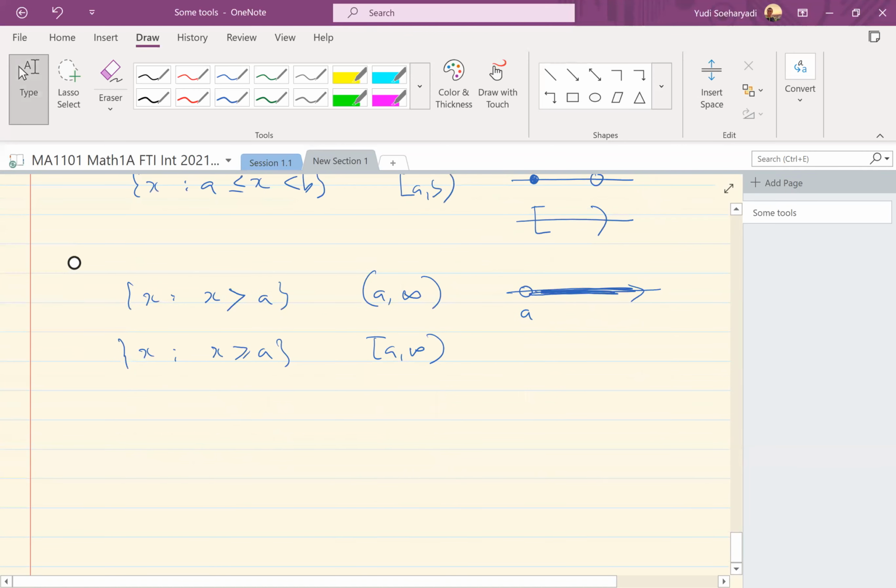Okay. So you notice that the infinity is never a bracket or never a solid dot because infinity is not a number. So this is a solid dot. And to the left, it's the same.